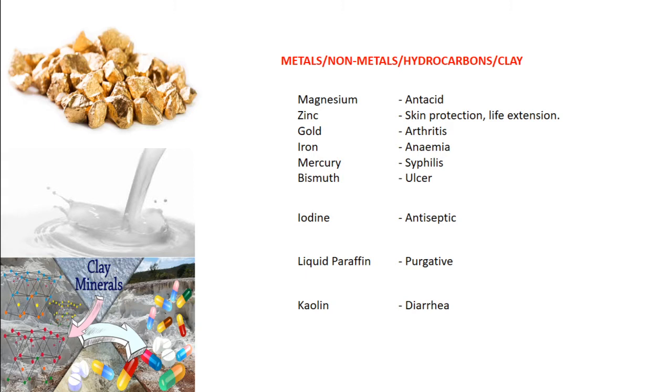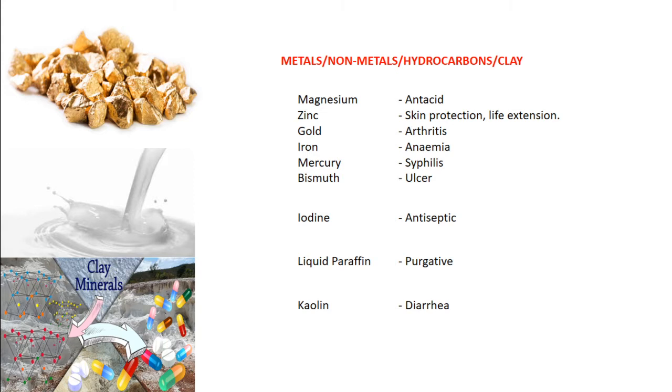Then gold salts to treat arthritis, iron salts to treat anemia, mercuric salts for syphilis, then bismuth salts to treat peptic ulcer. These are derived from our minerals. And apart from this, non-metals like iodine have antiseptic property, and hydrocarbons such as liquid paraffin have purgative property, used as a mild laxative for children.